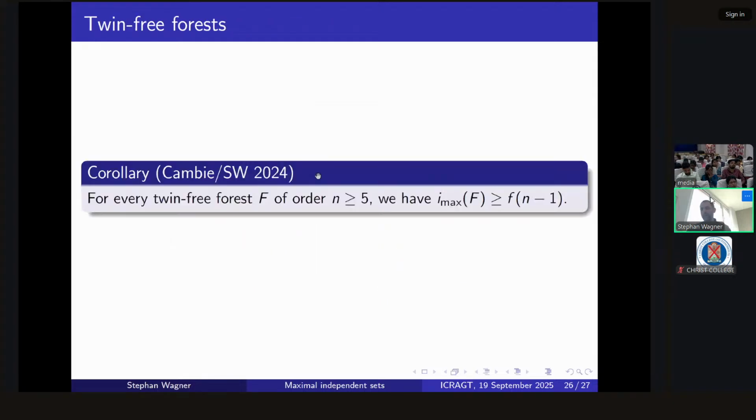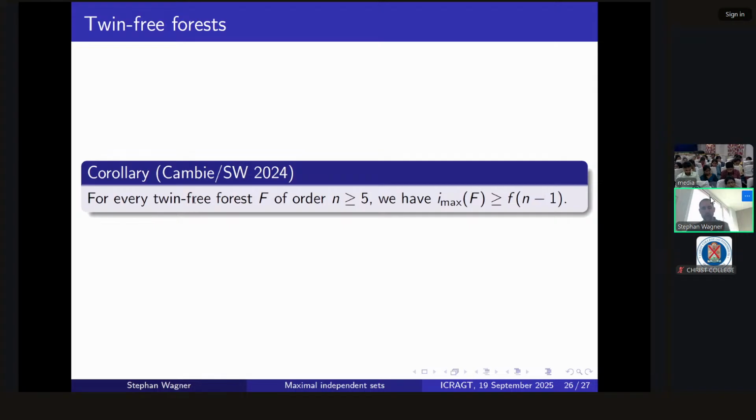As a corollary, as in the previous cases, we also looked at what happens if I allow the graphs to be disconnected. The analog here for trees would be to allow forests, graphs whose connected components are trees. And again, the corollary is very similar to the previous cases. If I allow disconnected graphs, not very much changes from the connected scenario. I can include one more isolated vertex, but that's basically all.